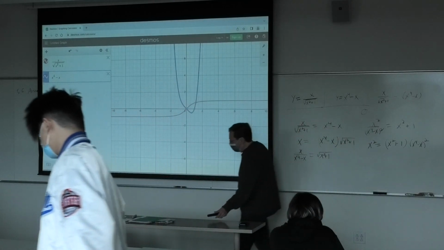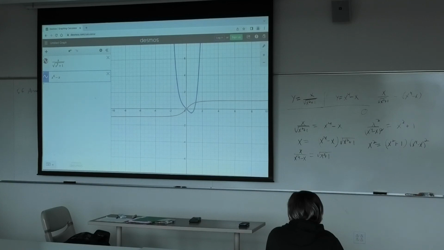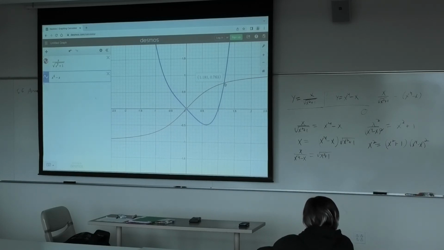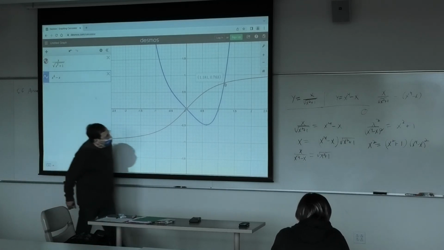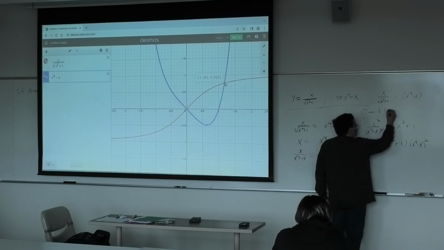But since we have Desmos up here, and again, Desmos has this wonderful user interface, I'm just going to poke here, and what does it tell me? It says 1.181. So 0 to 1.181.